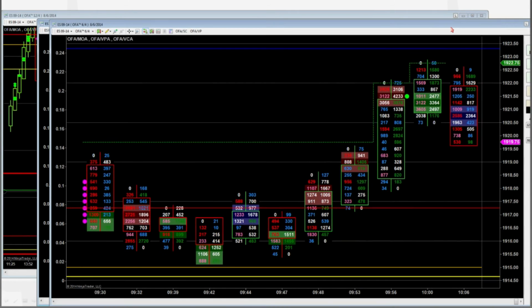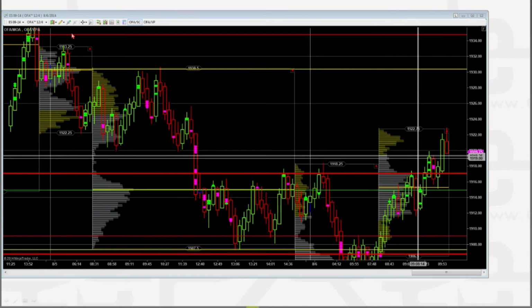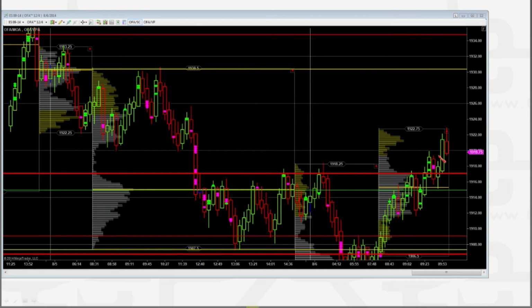The other thing that I want you to pay attention to has a lot to do with structure. We have a pretty nice, very quick, small volume distribution here, but we're building out volume pretty strong right here in a very short amount of time.